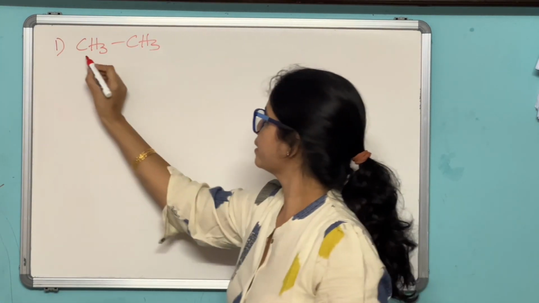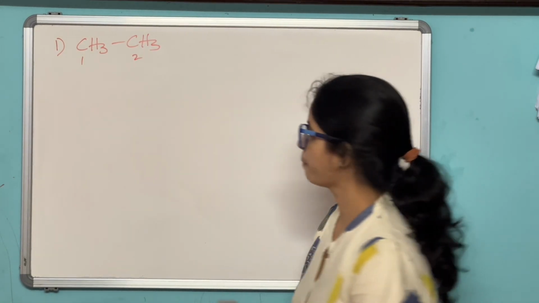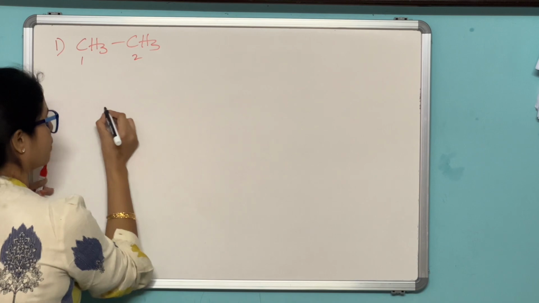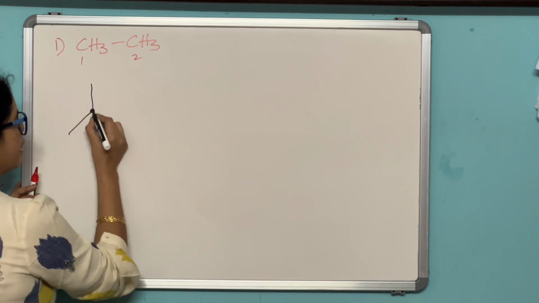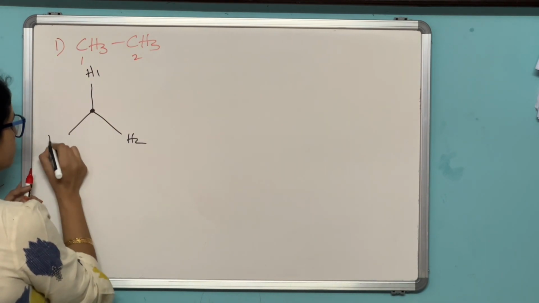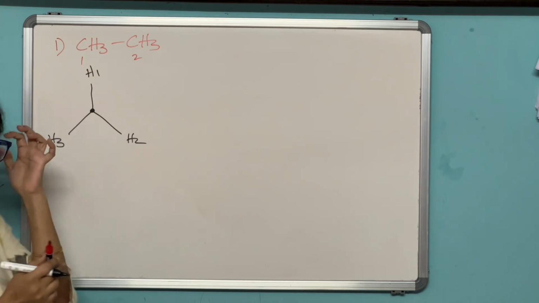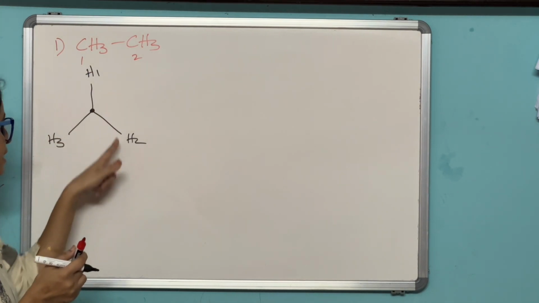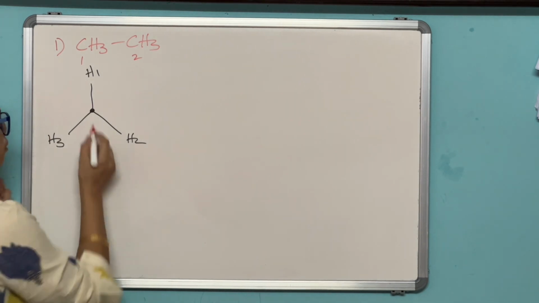Here this is the first carbon and this is the second carbon, you assume like that. The first carbon is represented with a dot, and these are the hydrogens H1, H2, H3 around this carbon atom, arranged with a bond angle of 120 degrees, just assume for your understanding.